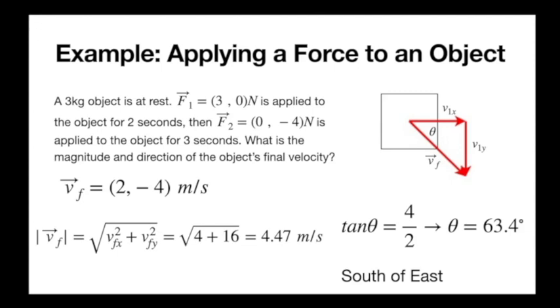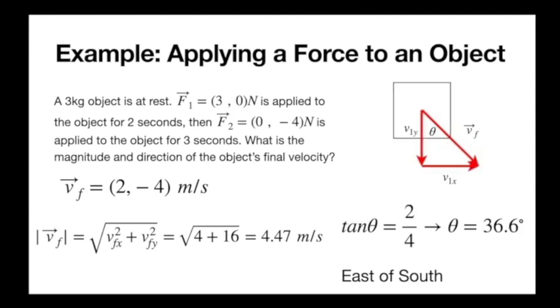I could also have labeled this angle theta. This triangle is made up of the same y component and x component, right? I just added them in a different order graphically. And this triangle is equally fine. They give the same v final vector, but the angle I've labeled now is one that is east of south, or counterclockwise from -y, and so on and so forth.